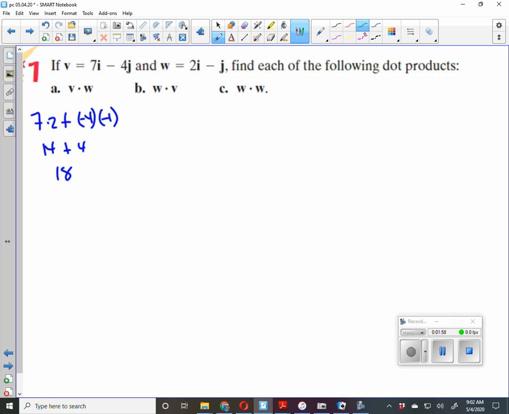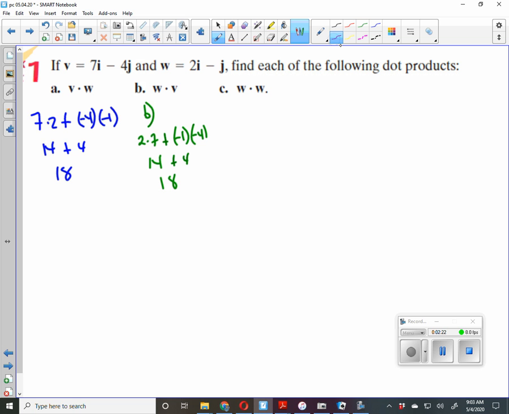Part B, W times V, in other words, they're just reversing the order. So it's going to be 2 times 7 plus negative 1 times negative 4, or 14 plus 4, which is 18. And you notice that the commutative property didn't make any difference there.